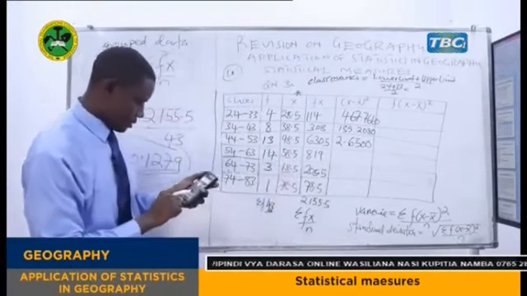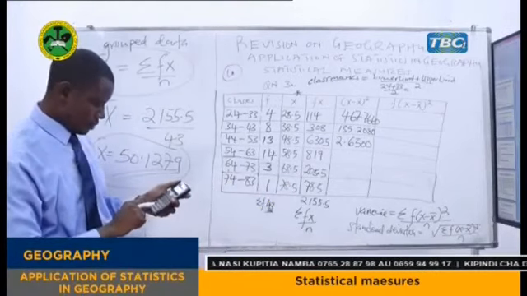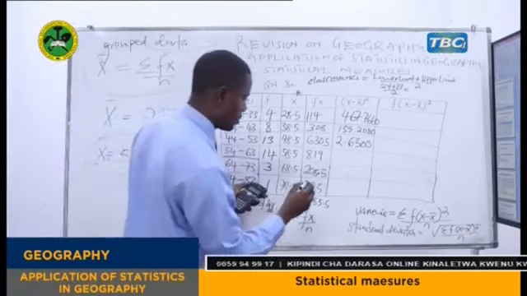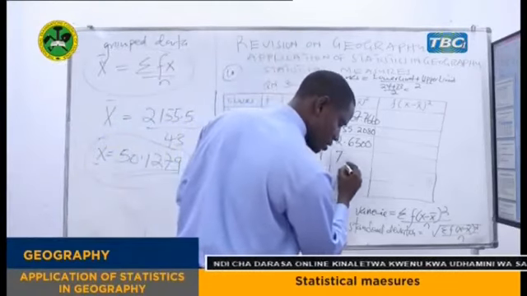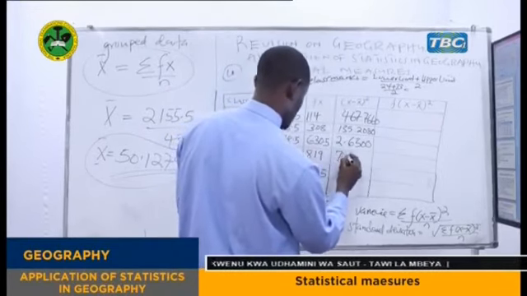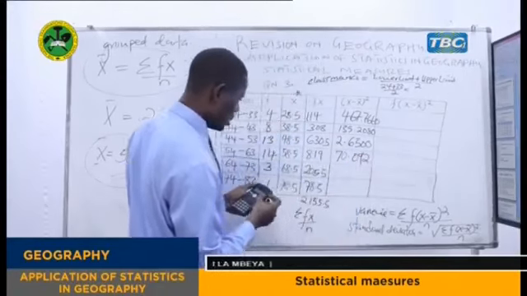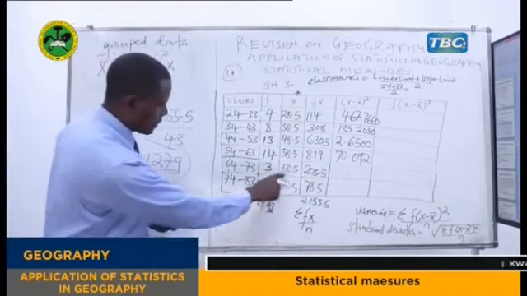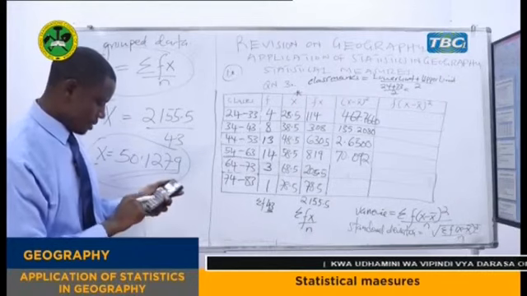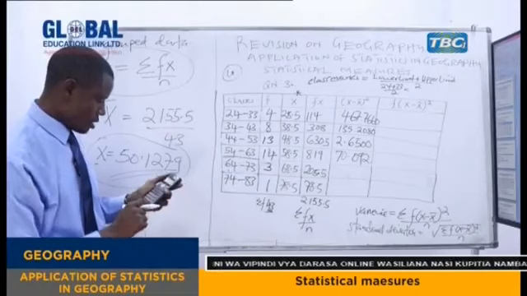So we take 58.5 minus the mean, that is 50.1279, bracket square, then we come up with 7.092, and then we go for the next column, that is 68.5 minus 50.1279, bracket square.